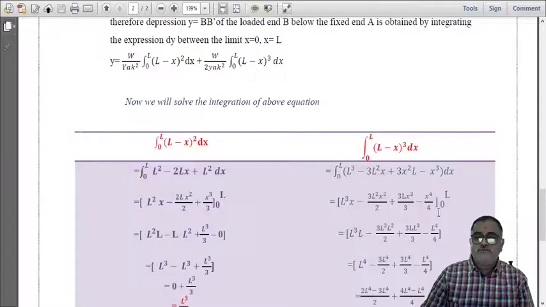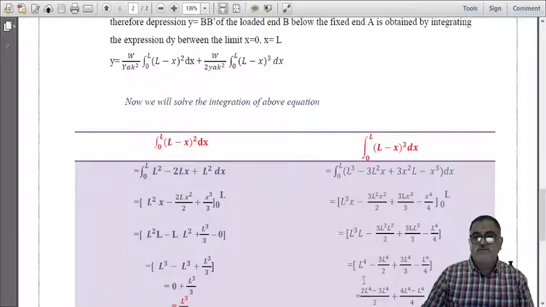Now see, the lower limit is 0 and the upper limit is L. You see now, L to the power 4 minus 3L square into L square by 2, because we substitute x square by the upper limit L square, plus twice L into L cube upon 3 minus L raised to power 4 upon 4.